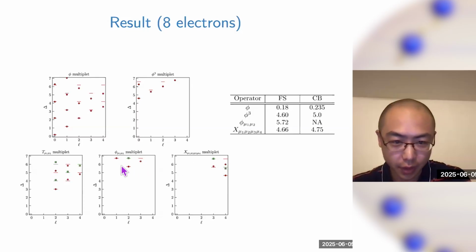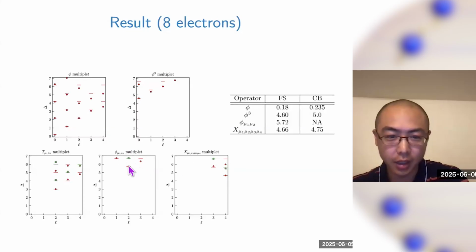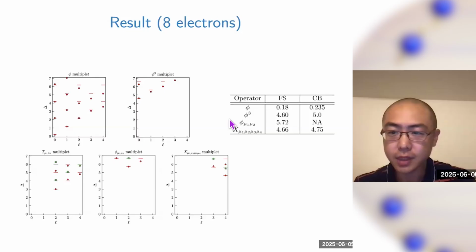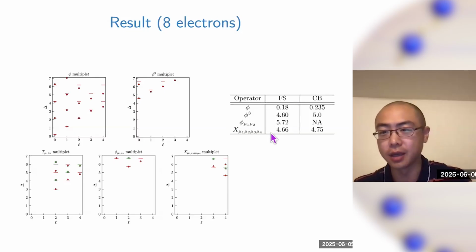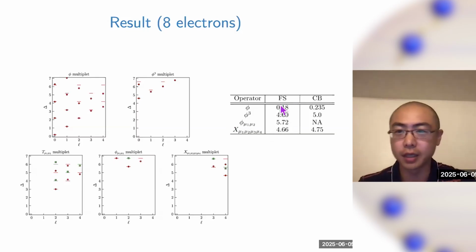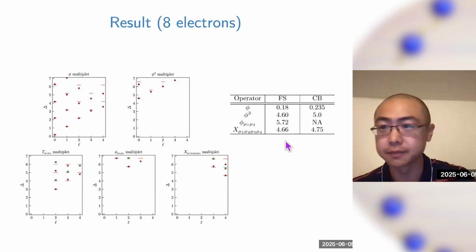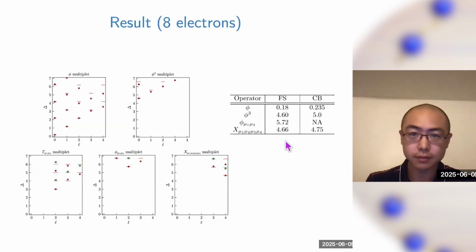And also there seems to be an additional conformal family for this PT odd spin 2 primary. We call it phi mu nu. And their scaling dimensions that you can extract with these 8 electrons are listed here. Okay.